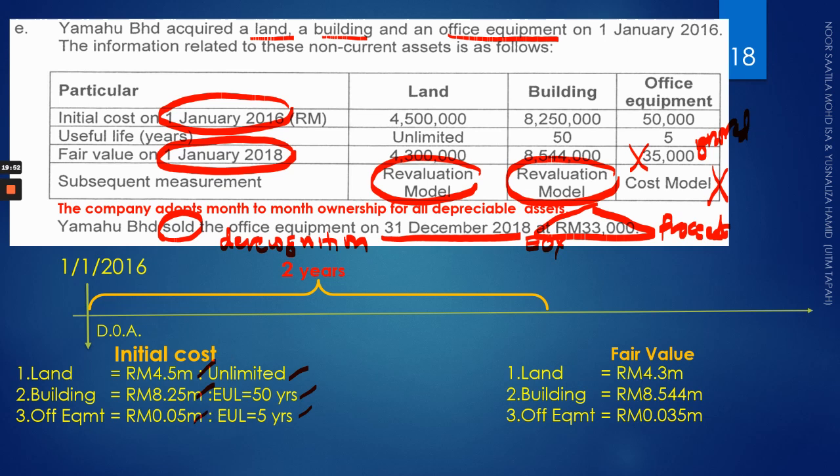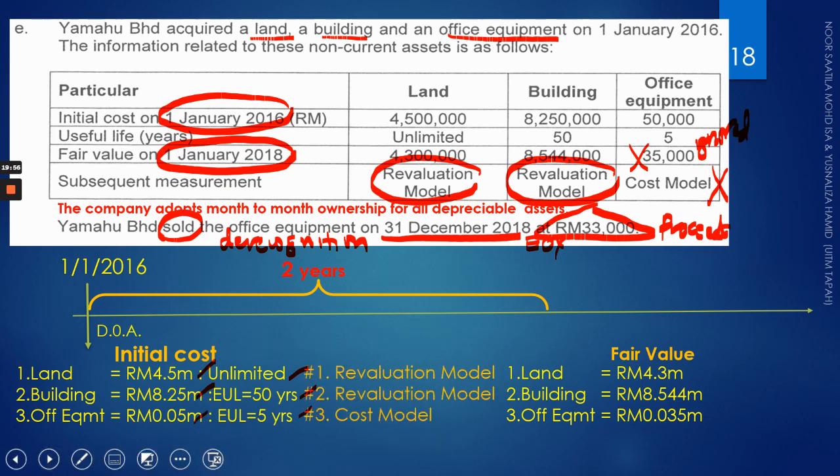Check that. And the information on the model used: revaluation model for the first two, cost model for the last one, and the information on fair value that was done at the beginning of the year. Yeah, and that was showing a fair value of 4.3.